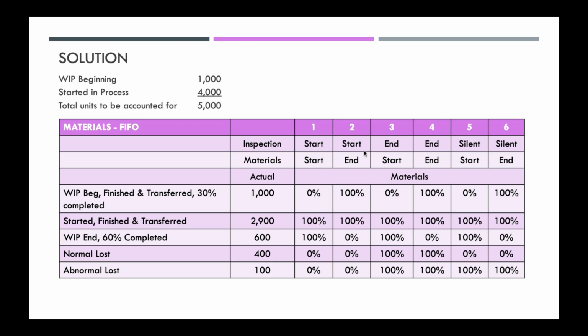Ang ina-account muna natin is yung materials natin. Hindi pa kasama yung conversion cost. Okay? Materials, first in, first out. So kung FIFO method tayo, we have to account separately for the beginning work in process, and then started, finished, and transferred, and then work in process end. And then we have normal loss and abnormal loss.